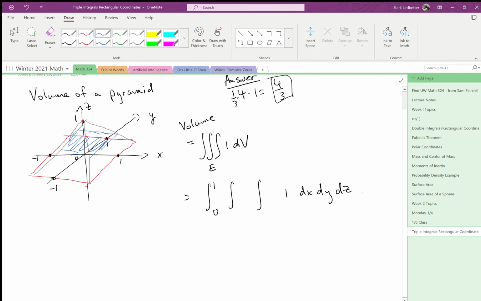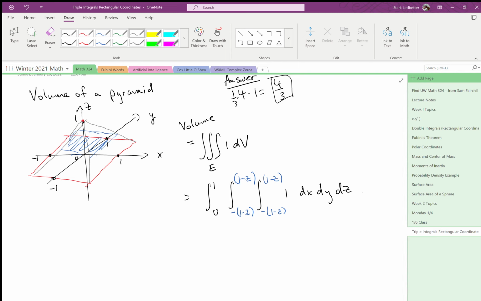So I'm going to claim that these are going to go from -1 minus z to 1 minus z in both the x and the y directions. Let's make sure we agree with that.